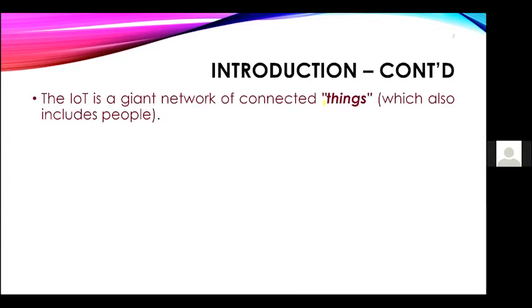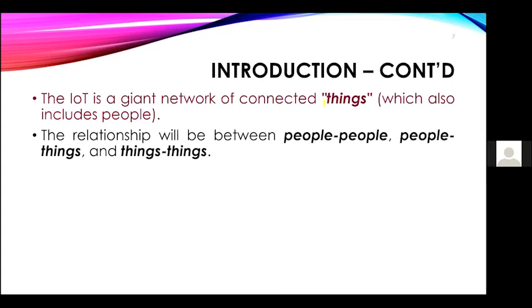The IoT is a giant network of connected things which also includes people. As I told you, IoT can connect an infinite number of things and humans as well, which are defined by a unique identification.